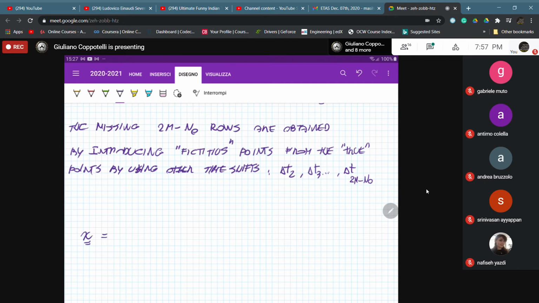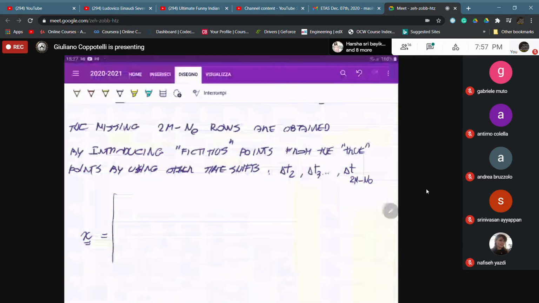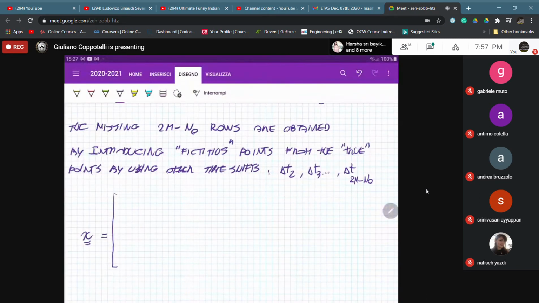Okay, so for example, let me write your chi matrix. That should be of the shape of your starting chi matrix, like this.